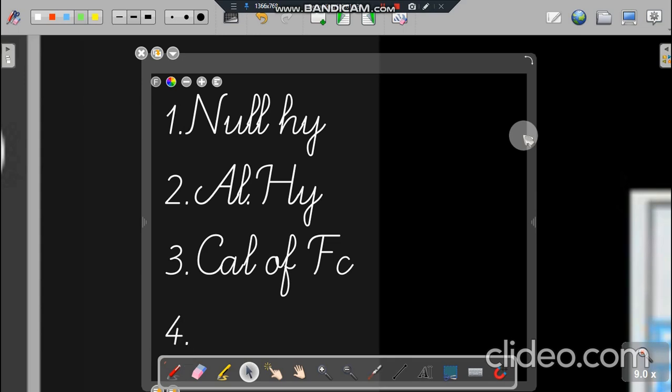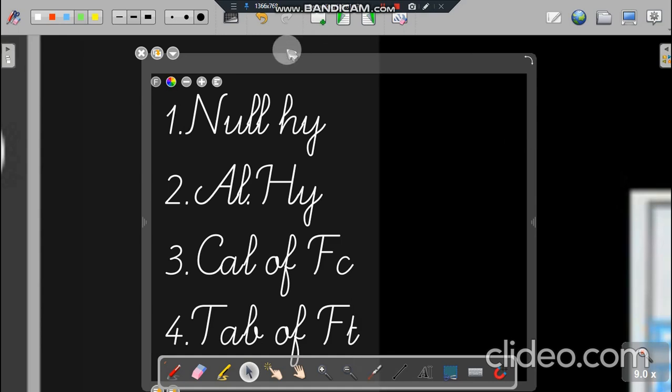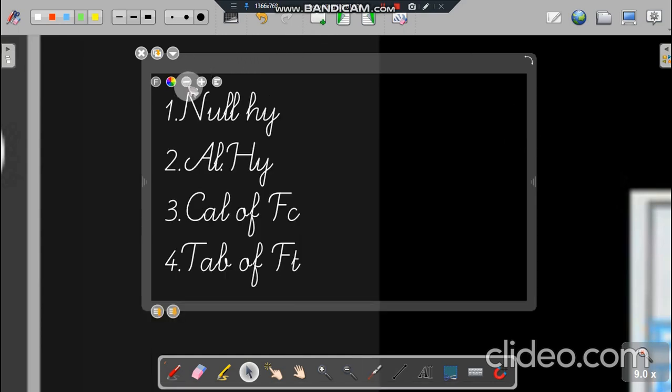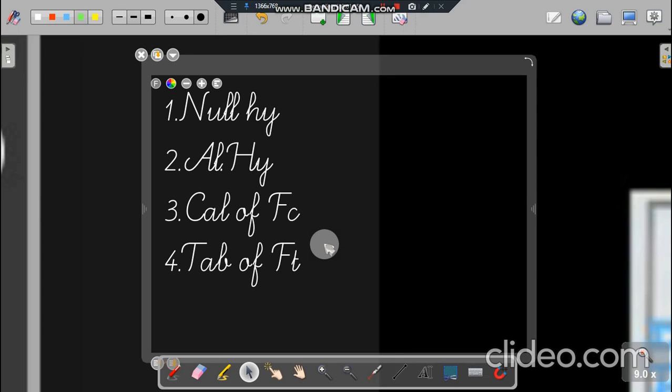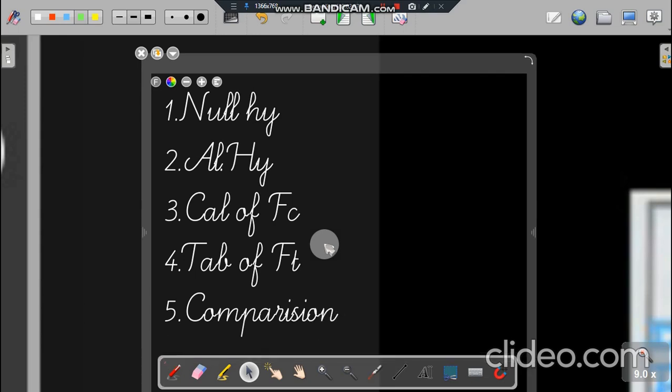The fourth step is about the table value, to find the table value of FT. And the fifth step is the comparison of FC and FT.